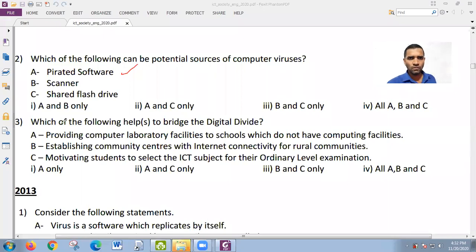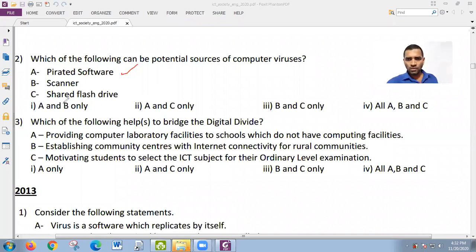It never has any viruses because think about that device. It doesn't have any memory. It doesn't have any storage. It only inputs your documents to the computer. So there is no possibility for having viruses, right? So that is not okay. Your flatbed scanner never has any viruses.